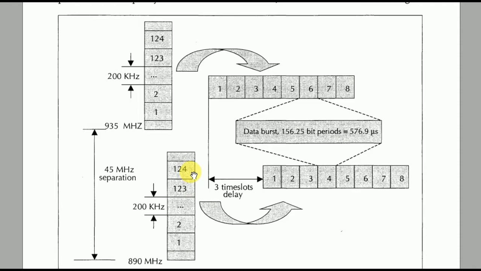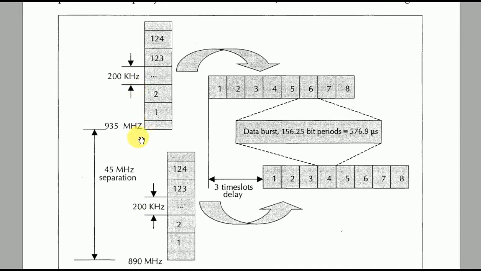Actually, 125 channels are available, but in practical case we are using only 124 channels. Channel number 1 to channel number 124 are called transmission channels. Each channel has a bandwidth of 200 kilohertz.